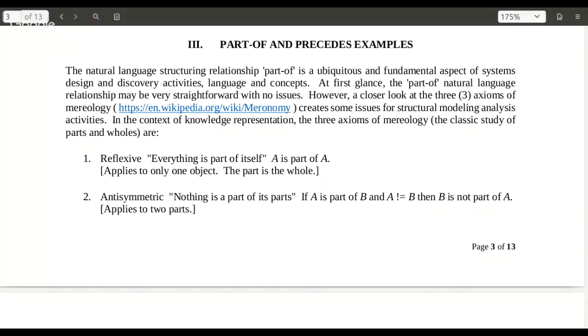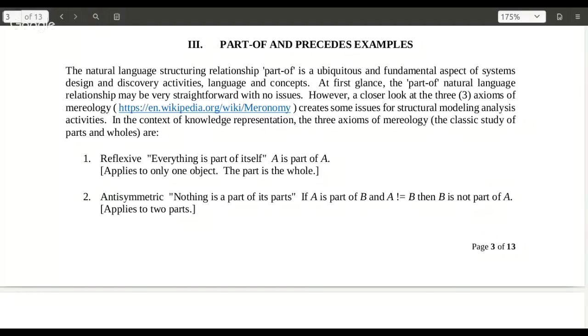This applies to only one object, but it implies that if you only have one object, a part is the whole. When you're talking about the difference between the whole and the part, this confuses the concept of a whole and the concept of a part. So if you allow it to be reflexive, there's some uncertainty there.